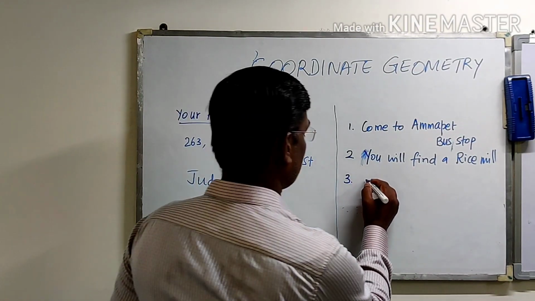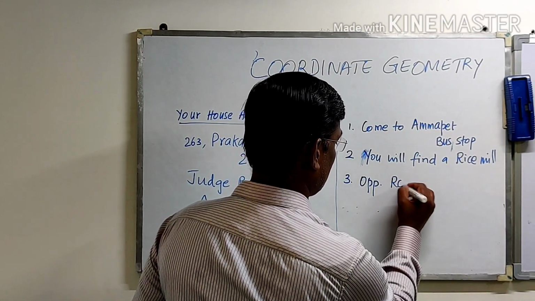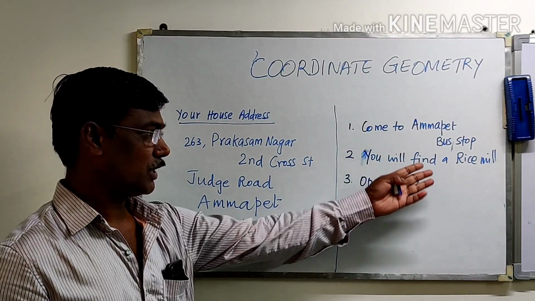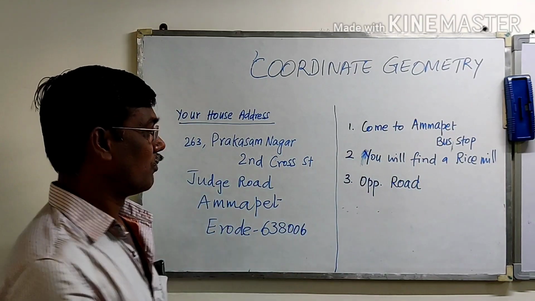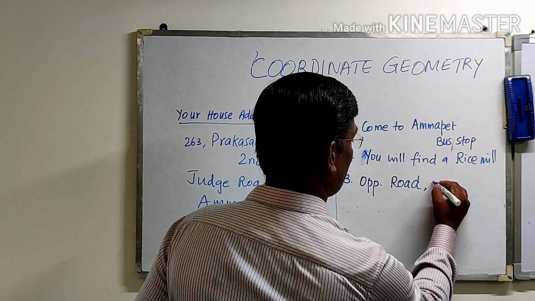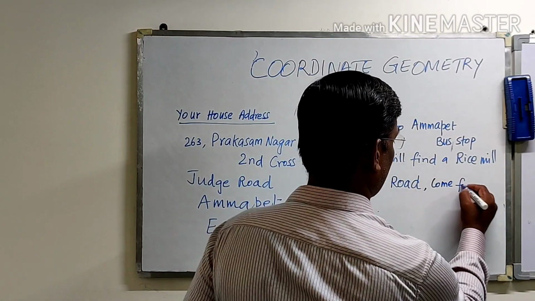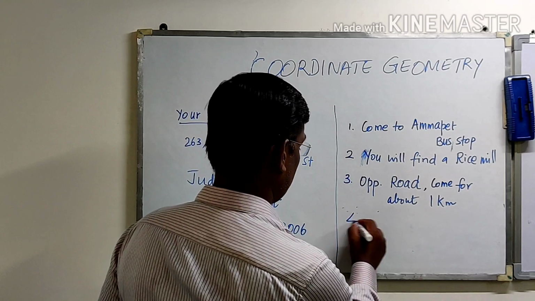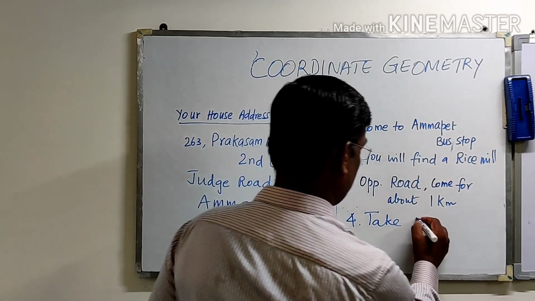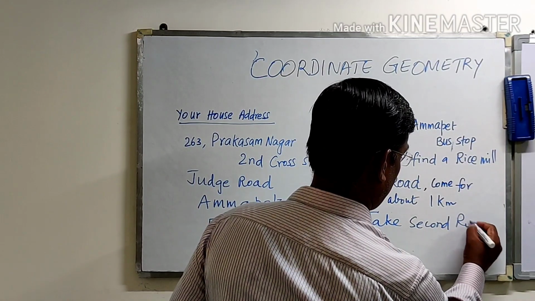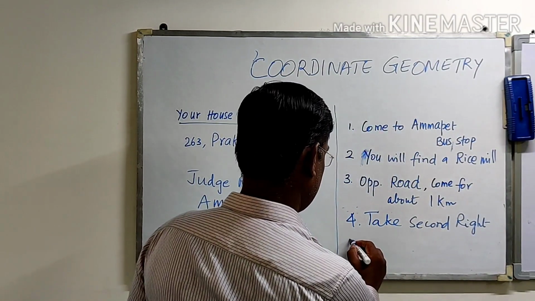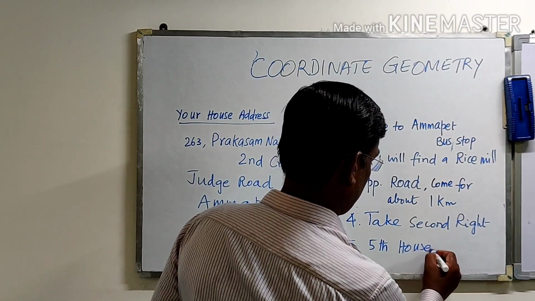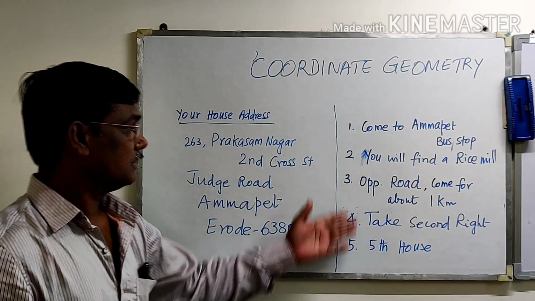Number 3, so in front of the rice mill or in whatever location you give, அதுக்கு ஆப்போசிட்ல ஒரு பெரிய ரோடு போகும். ஓகே, so these are all the information.